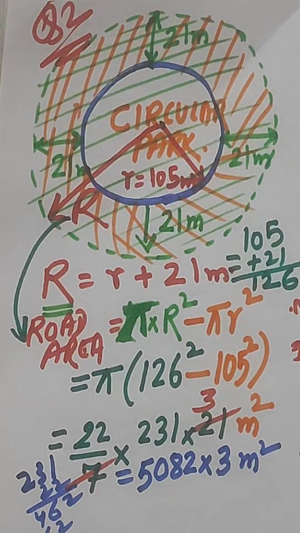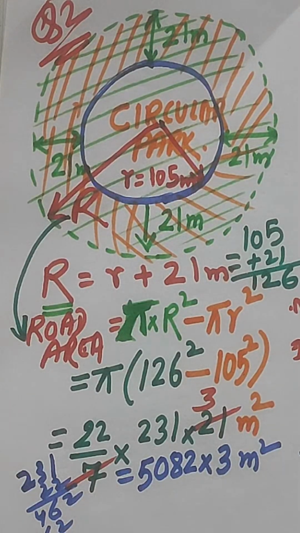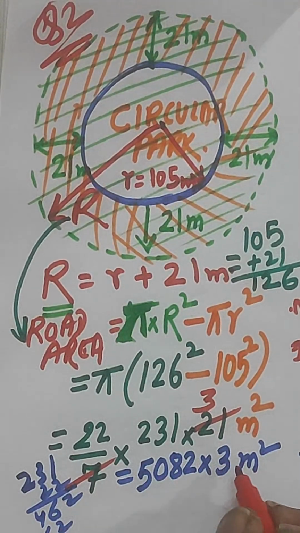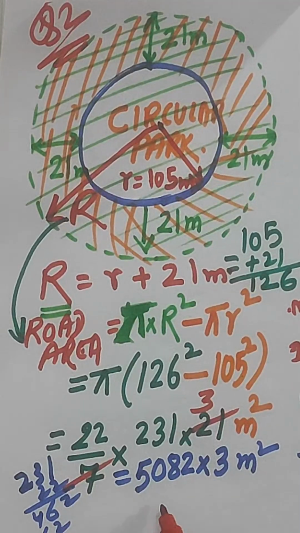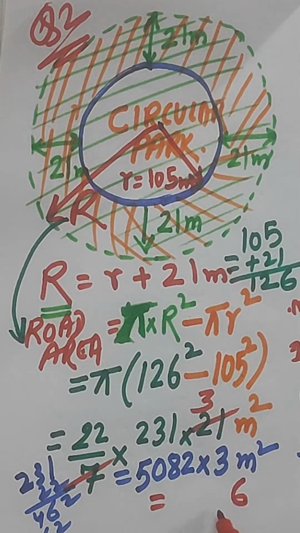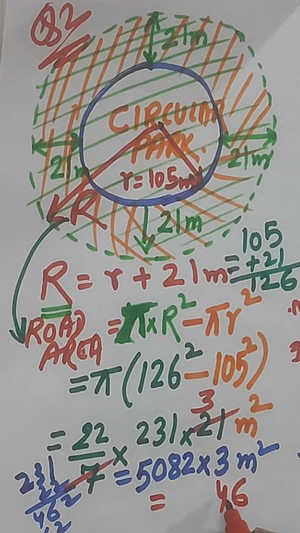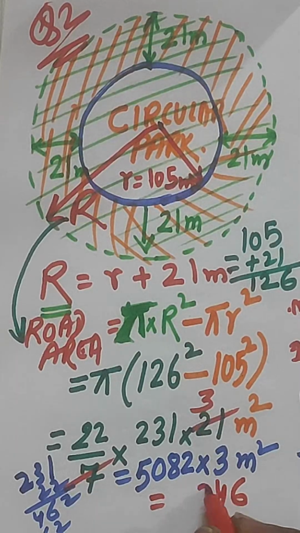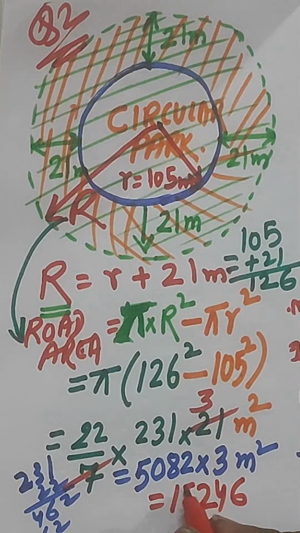Now when you multiply 5082 with 3, you will get 6, 24 carry 2, 15.